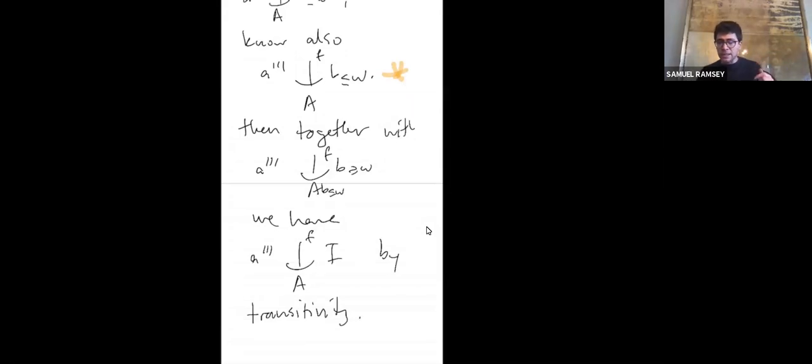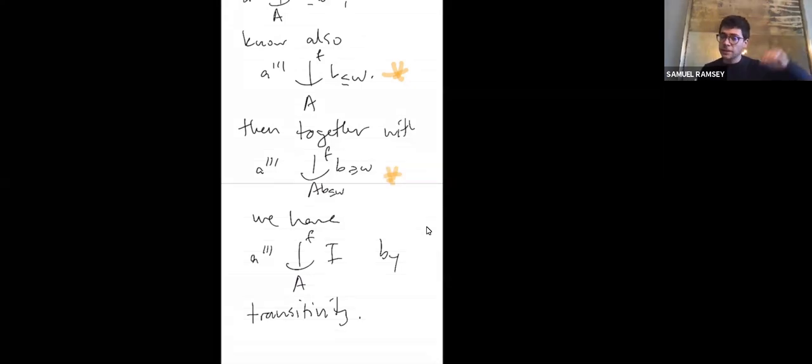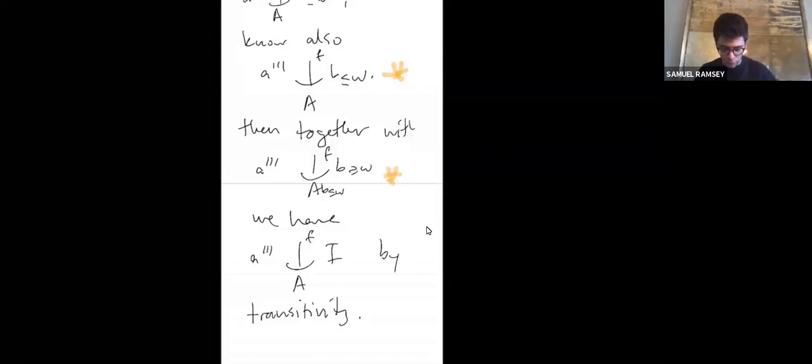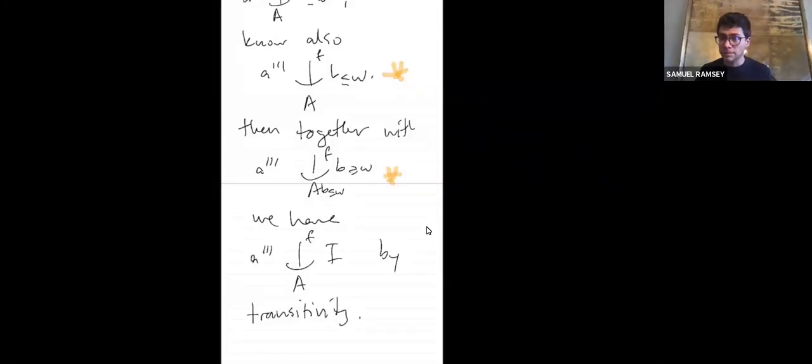So what this is saying is that if I go from A to B less than or equal to omega, that's a non-forking extension. That's this first bit. And if I go from A, B less than or equal to omega to A, B less than or equal to omega together with B greater than or equal to omega, that's also a non-forking extension. And what transitivity tells you is that a non-forking extension of a non-forking extension is a non-forking extension. So the move from A to the whole thing is also non-forking, and that's exactly what we wanted.